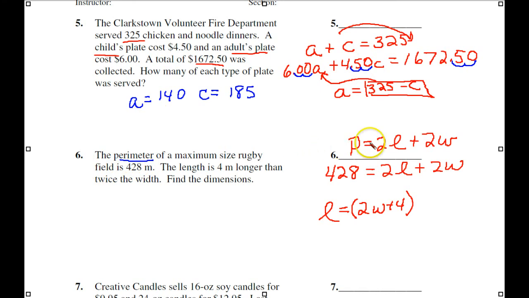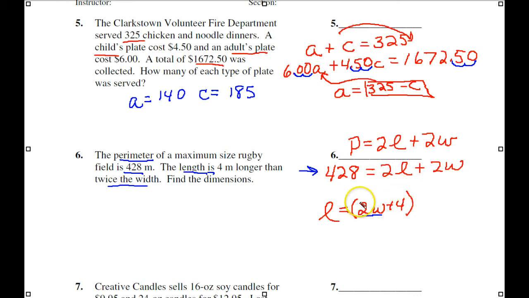Well, there's the perimeter formula. So all we have to do is say, there's the perimeter, we put that in there. So there's our first equation. Now our second equation says the length, which is L, is, which is an equal sign, 4 meters longer than twice the width. So twice the width is going to be 2W plus 4.